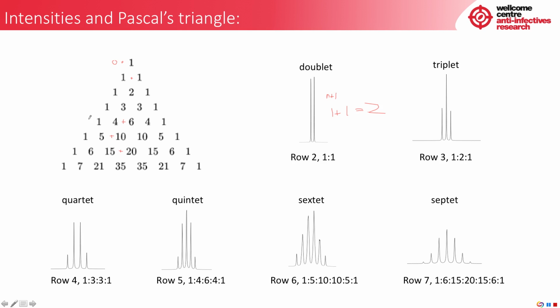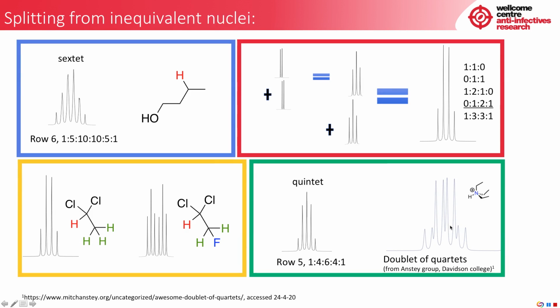You're really not going to see very much beyond this distribution in terms of splittings that are a single level and don't involve further coupling. So, in fact, if you're looking particularly closely, you might already have been a bit thrown by the sextet.